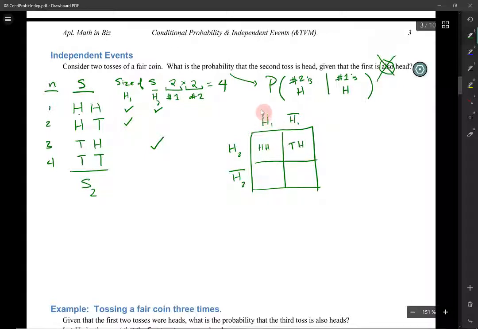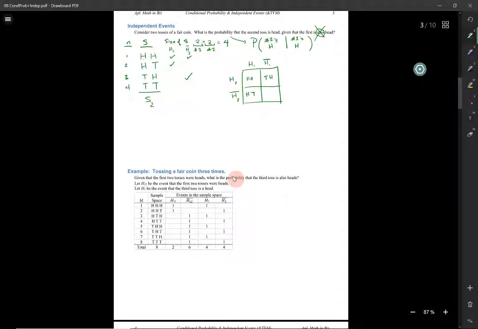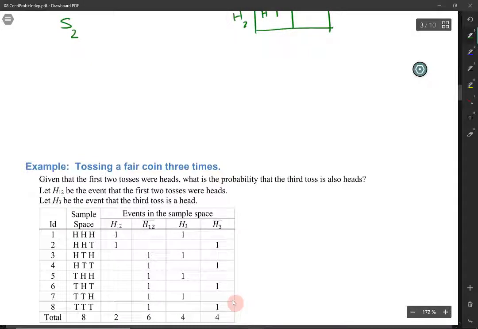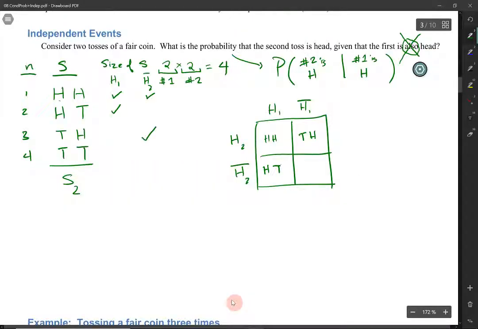So H1 is here, and here H1 is ahead and H2 is also ahead. Here we're looking for the case where H1 is ahead and H2 is not heads, so that's tails. And then clearly, if the first one is not heads and the second one is not heads, it's also tails.